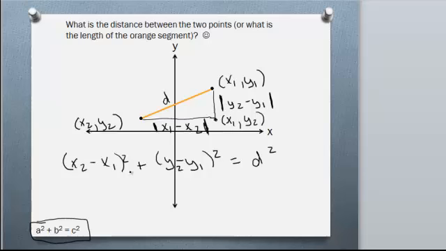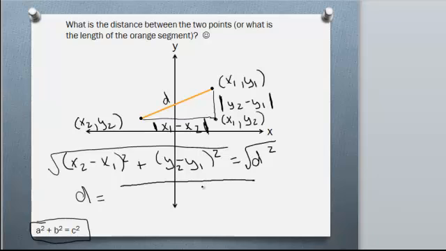Well, to solve this equation for d, you need to take the square root of both sides. So the distance is equal to the square root of x2 minus x1 squared plus y2 minus y1 squared. This is your distance formula.